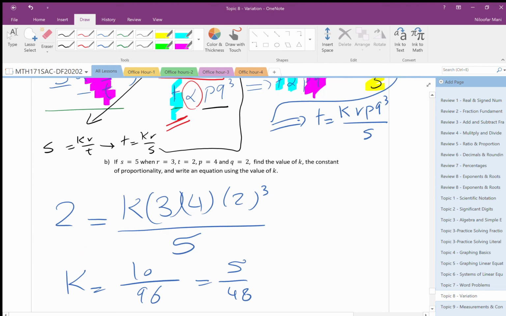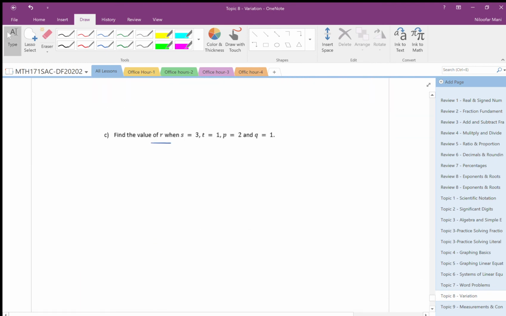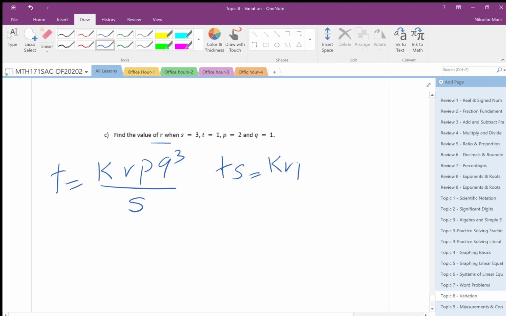T is K R P Q³ over S. How can I make the two-situation equation? I can solve for K. TS is K R P Q³. What is K? K is TS over R P Q³. So K doesn't change.